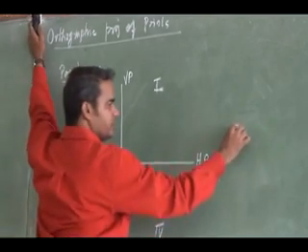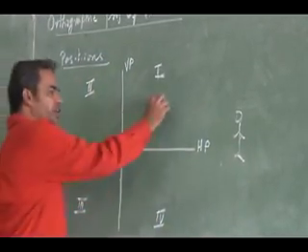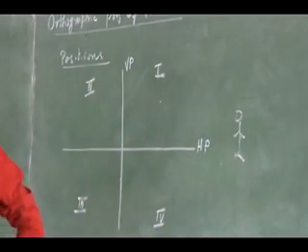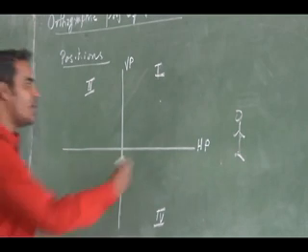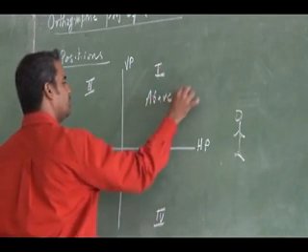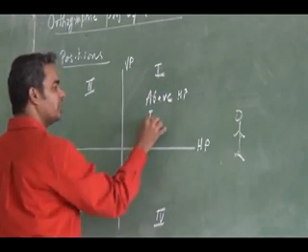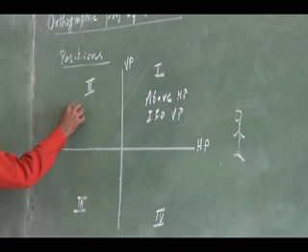The observer will be here. What is the position? Suppose I have a point here, how can I define the point? It is above HP and in front of VP. Make a note. It is a position in the second quadrant.